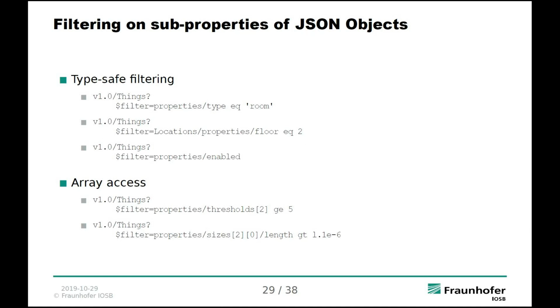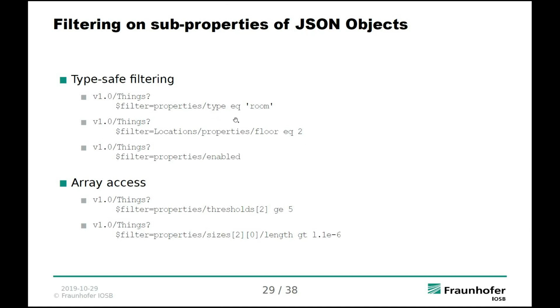As you can have complex JSON objects within these properties, we allow also filtering on sub-properties of these JSON objects. So you can have a path that goes inside the JSON object, which is very useful for stuff like you can add semantics.